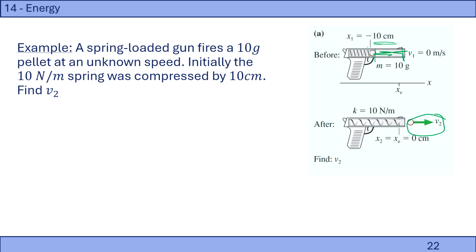So this has a k value of 10 newtons per meter, which is what we've written here, and we've compressed it by 10 centimeters beyond its equilibrium length. And this is nice because we have two parts: an initial and a final. And we only need to worry about those.